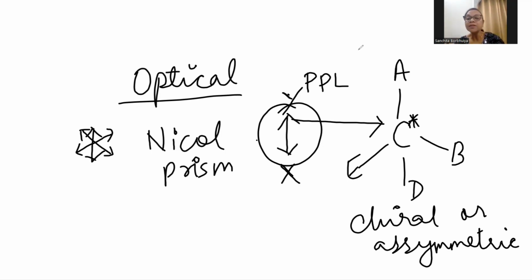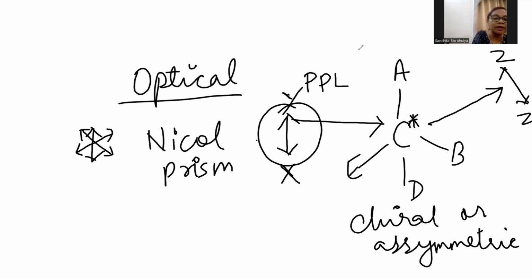So after PPL passes through this compound, there's a possibility that this light gets rotated. Say it starts vibrating in the XZ plane. This special property of the compound to rotate plane polarized light makes this an optically active compound. Optically active means active to light in rotating the plane of the vibration.